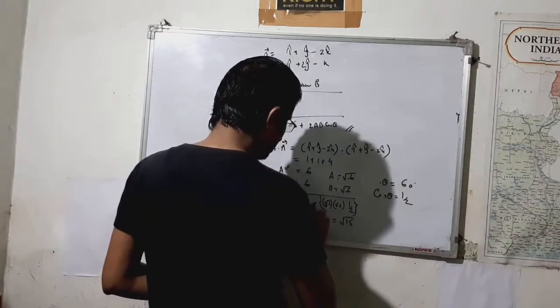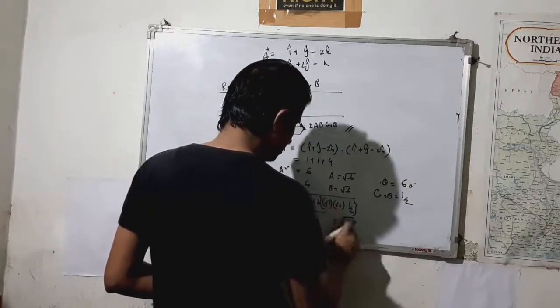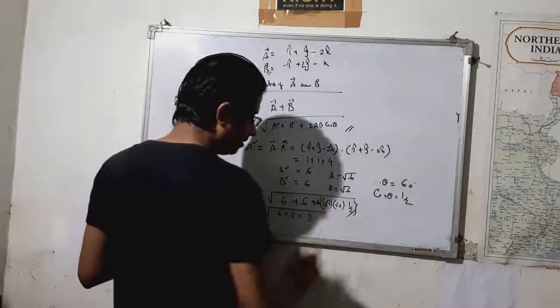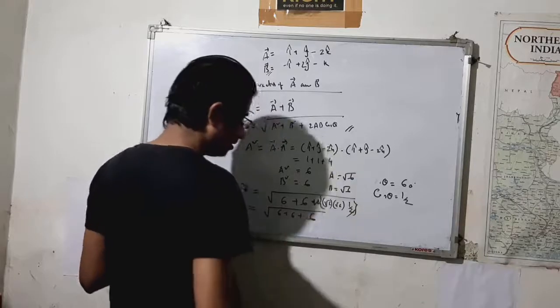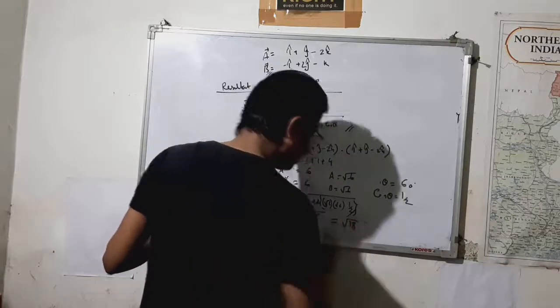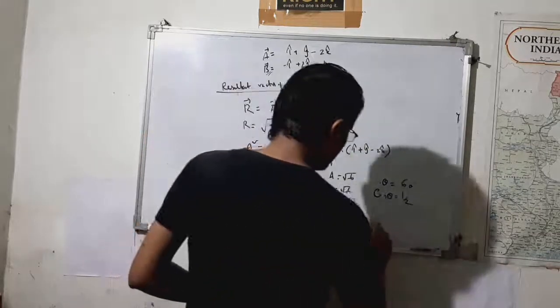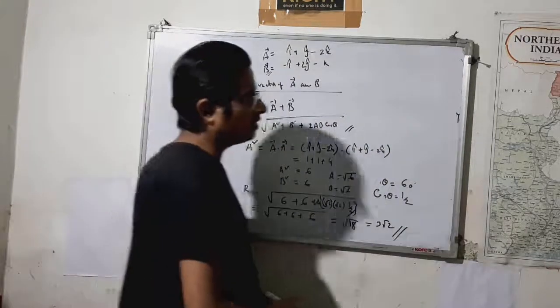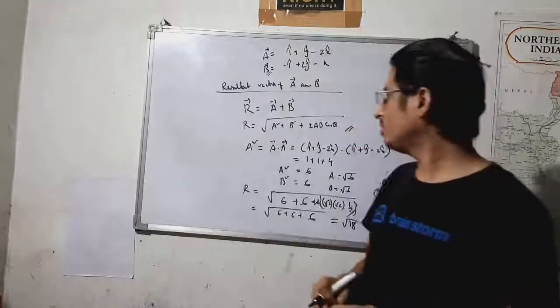There is a formula mistake: the formula has a 2, so these 2 will cancel out, so this is also 6. So it is square root of 18, and again it is 3 root 2. So in this way you can also calculate the magnitude of R.